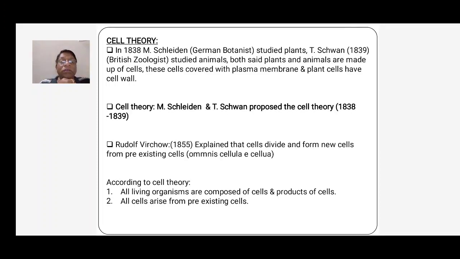Omnis cellula e cellula. What is the meaning of this? Cells divide and produce new cells. It means a cell can divide and produce new cells. But from the pre-existing cell, that is very important.